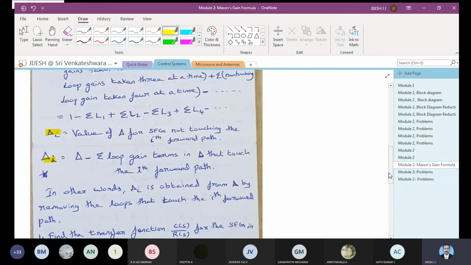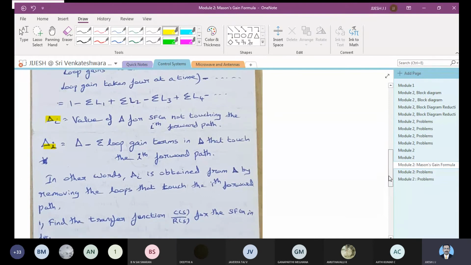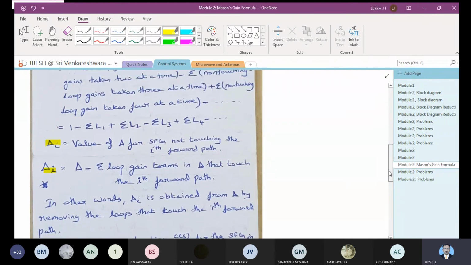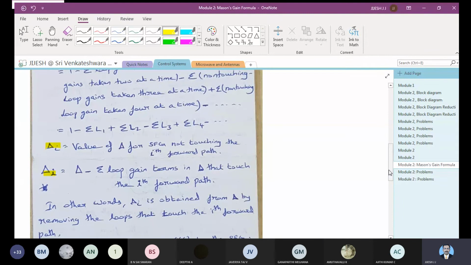When we solve the problem to find the transfer function for the signal flow graph, you will understand how these things can be brought into consideration. One problem may be sufficient enough for you to understand. The rest of the problems you will feel convenient to solve. So you can just note down these things.